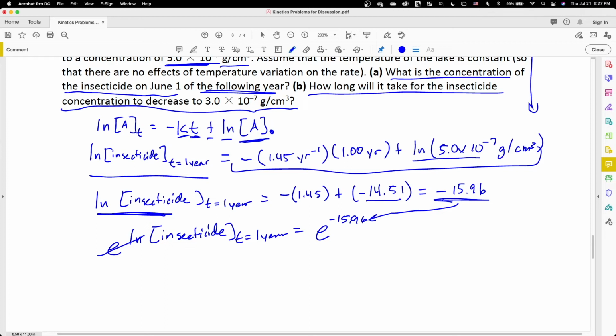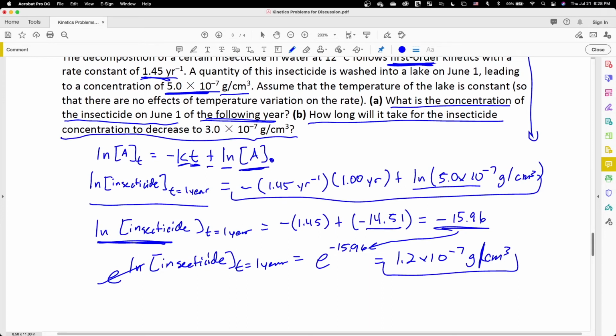And when you do e to the negative 15.96, your answer is 1.2 times 10 to the negative 7 grams per cubic centimeter, or mL, because cubic centimeters and milliliters are the same. Okay? And that's your answer for this one. At 1 year, the concentration of the insecticide will be 1.2 times 10 to the negative 7 grams per cubic centimeter. And that's how you answer A.